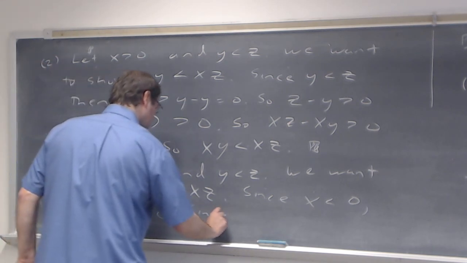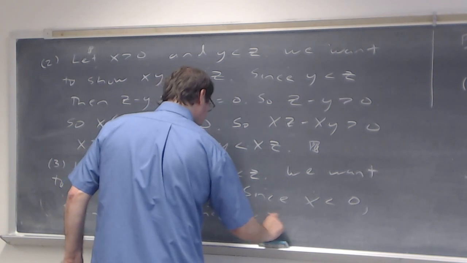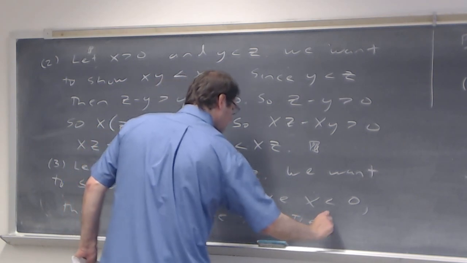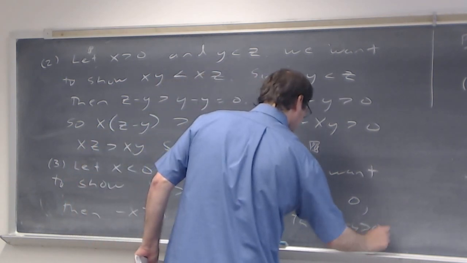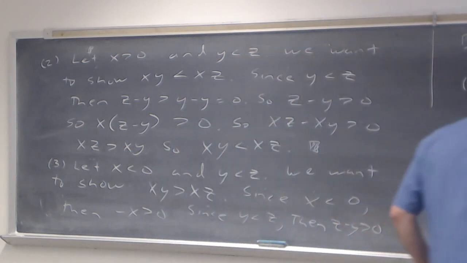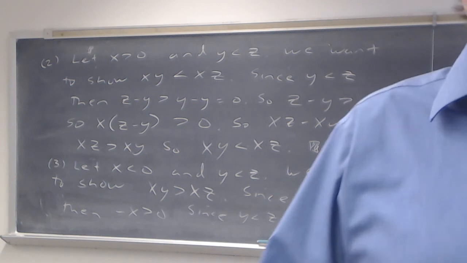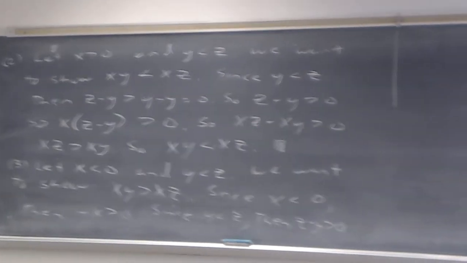Since y is less than z, then z minus y is going to be greater than 0. So we've got these two positive quantities. We're going to multiply them together.